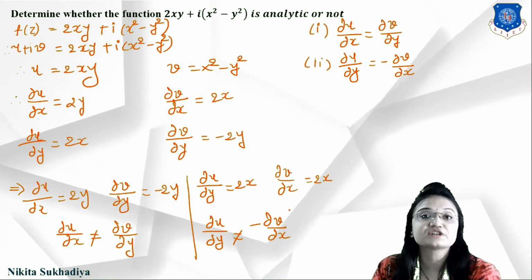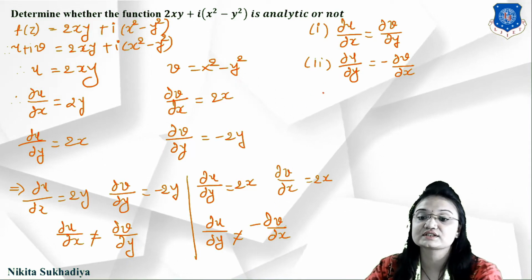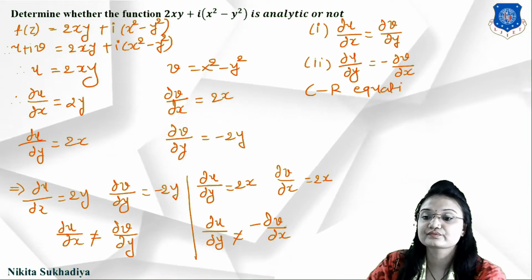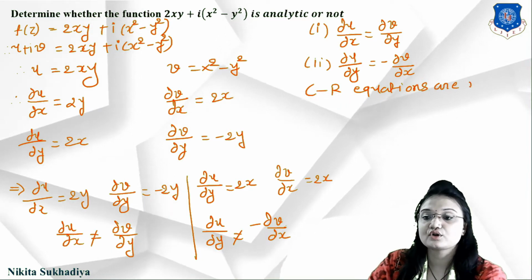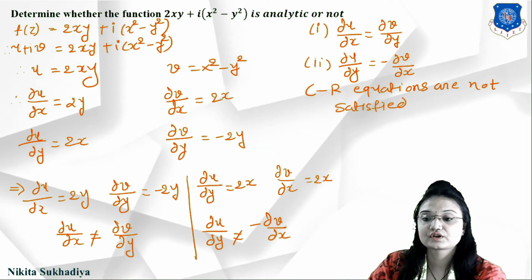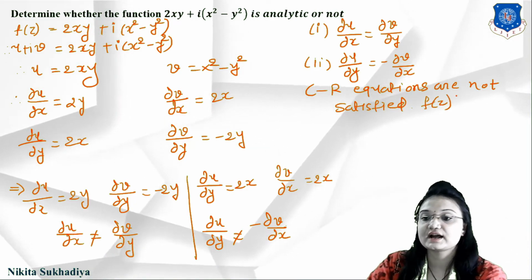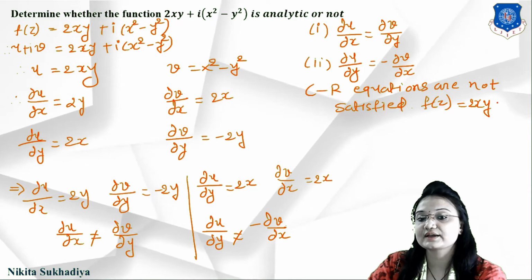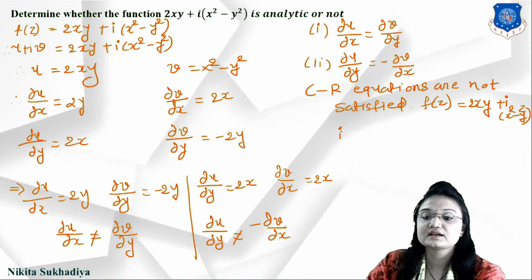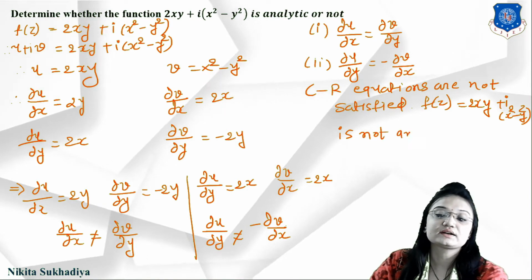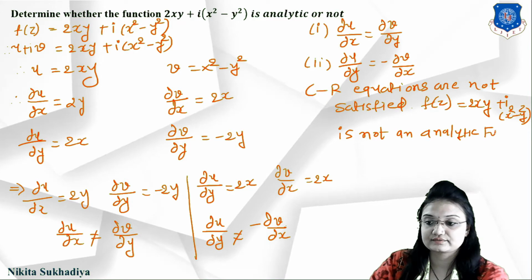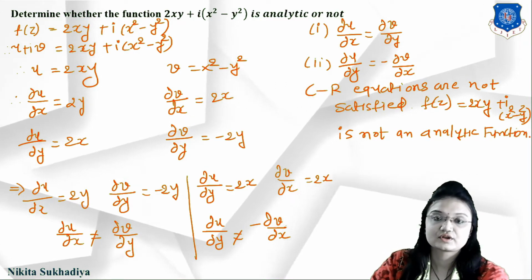So our CR equations are not satisfied, and the function f of z is equal to 2xy plus i (x square minus y square) is not an analytic function.